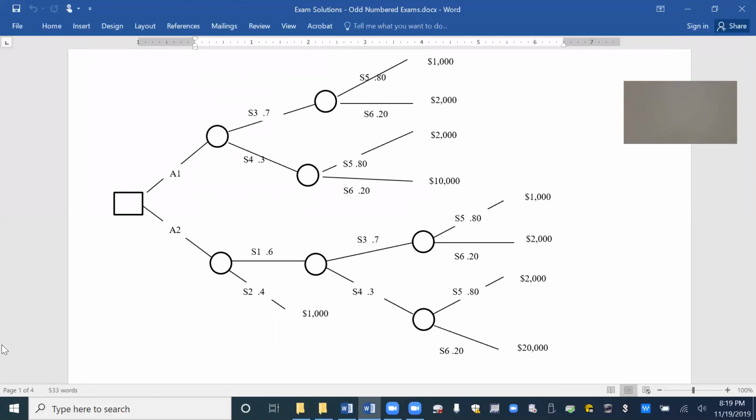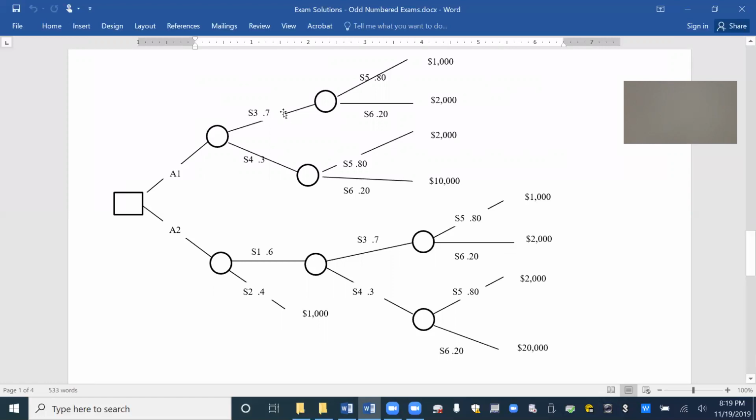We can either bid nothing or we can bid the 10,000. If we bid nothing, you already know it doesn't matter whether you answer the question right or wrong, you don't even have to look at the question. I don't care whether you got the question right or wrong, it has no bearing on the problem at this point. We know that you got 10,000 bucks.